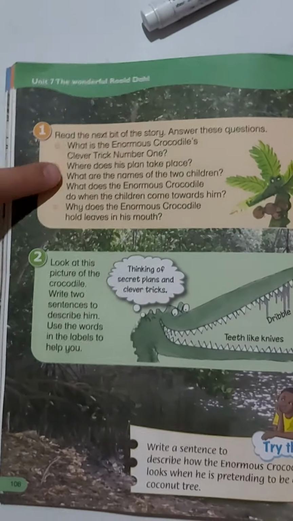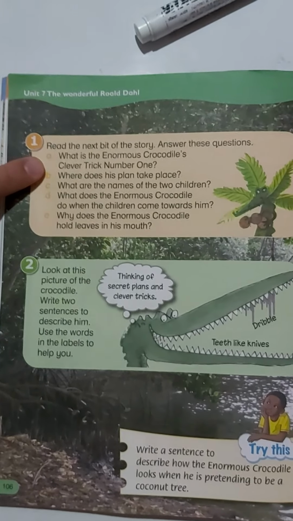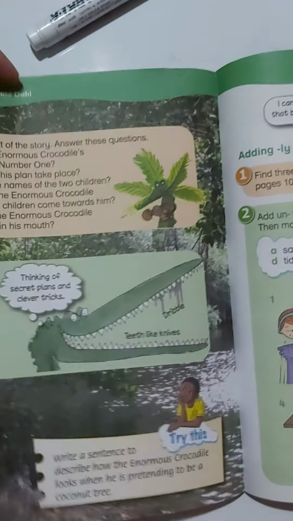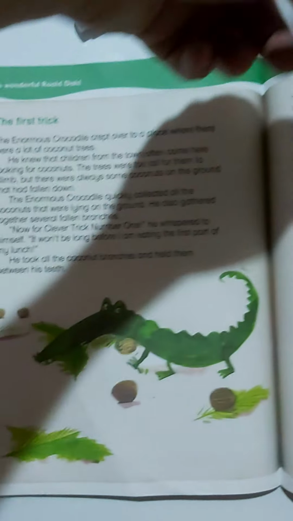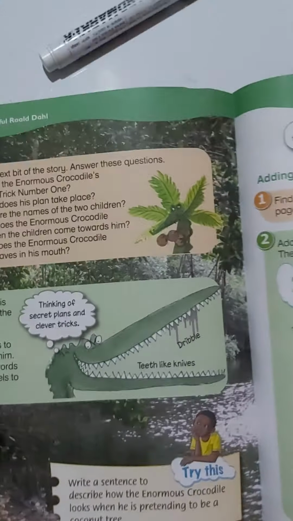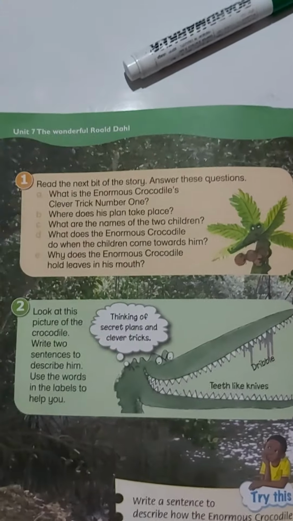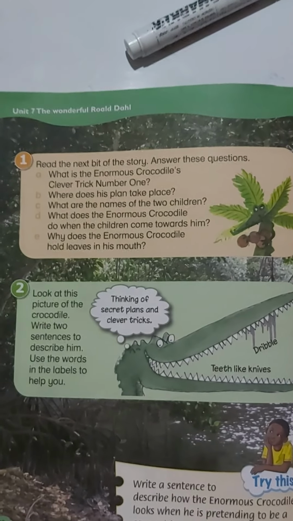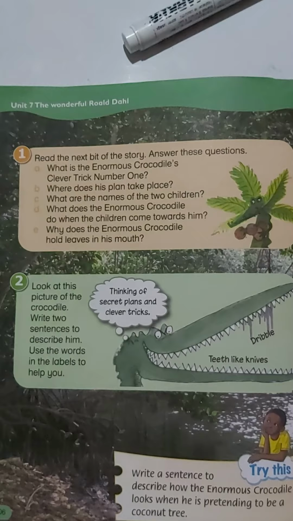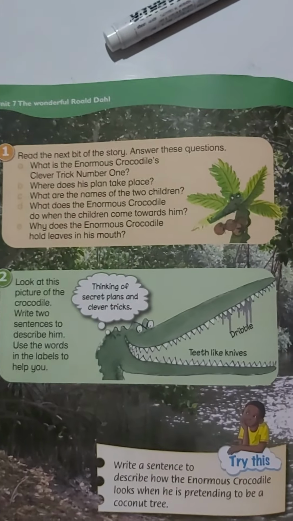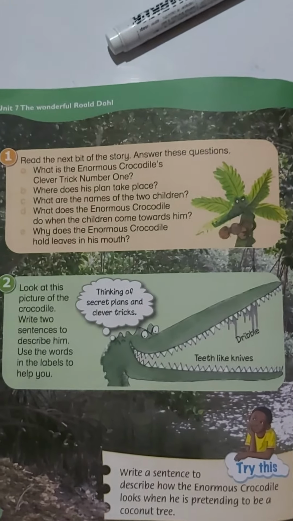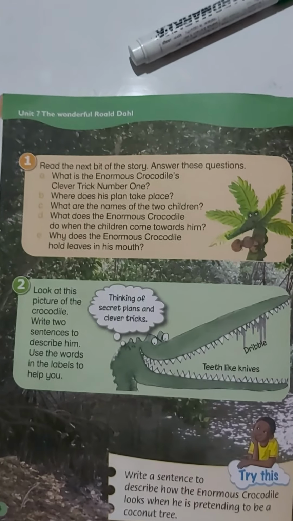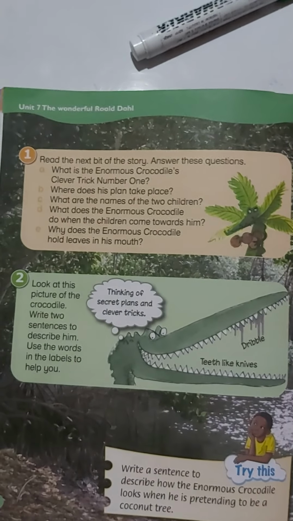Okay, so number one here is saying read these two pages and you're going to answer from this story, okay? So A, what is the enormous crocodile's clever trick number one? And please write in full sentences. Okay, this is for everyone. Write your answers in full sentences. B, where does his plan take place?